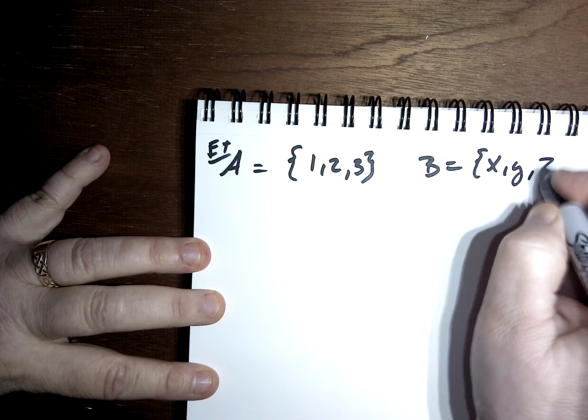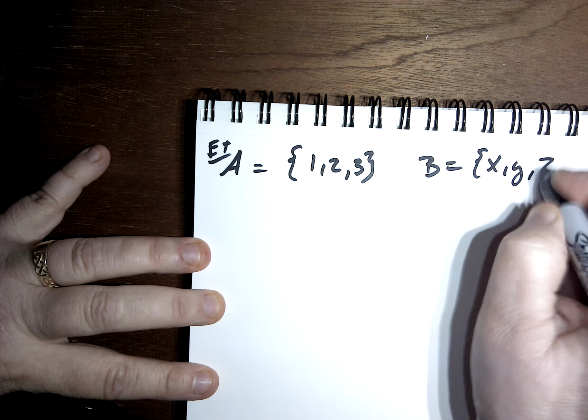So we're going to have 3 from A for each 3 in B. So we're going to have 9 possibilities. So the order of A cross B in this case is 9. And in general, the order of A cross B will equal the order of A times the order of B.